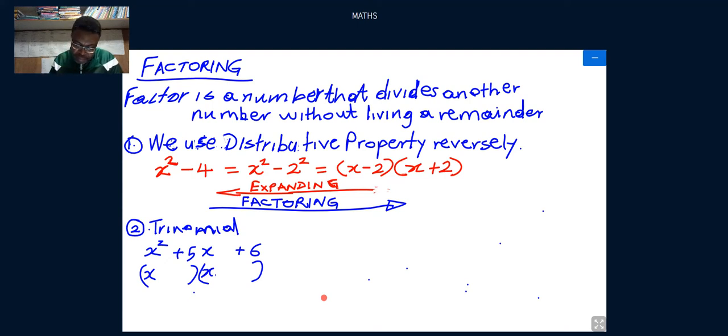Step 1. The factors of 6. Multiple factors.